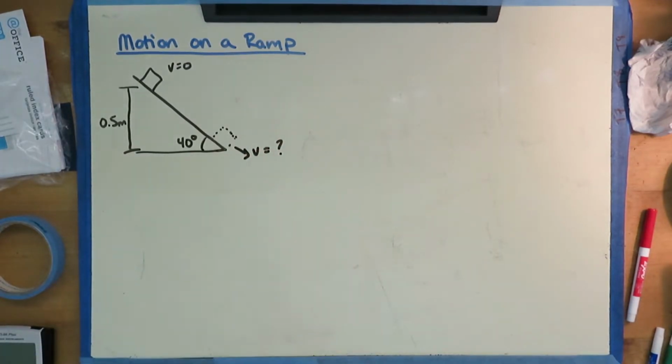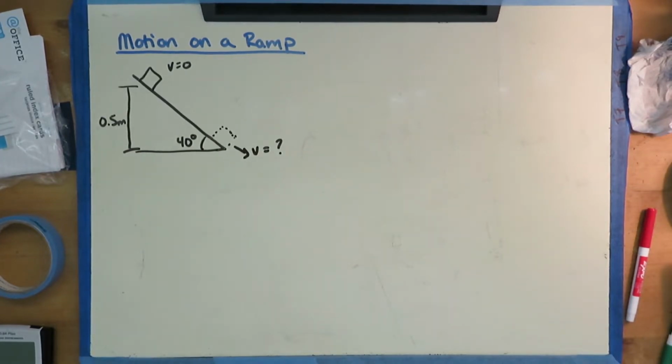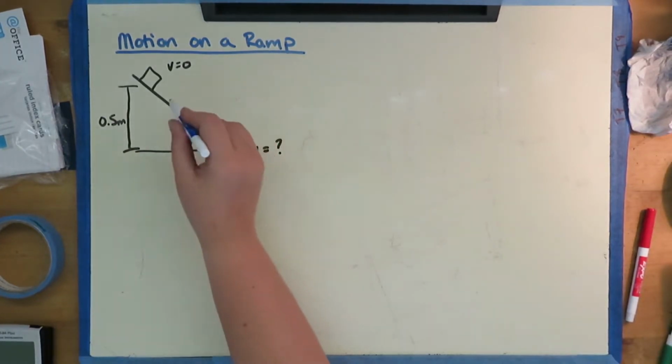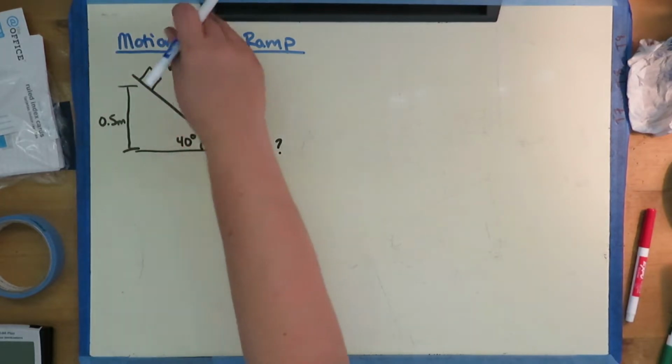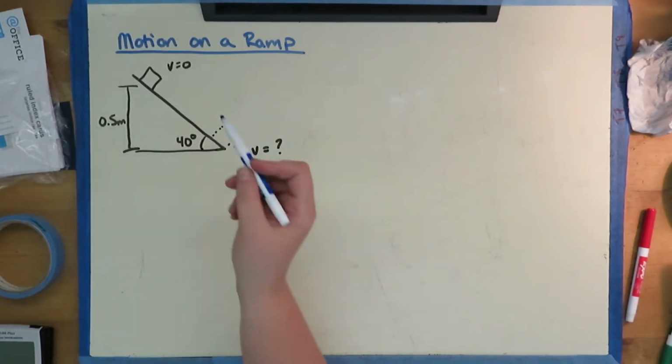So the idea with this problem is it's kinematics. So there's 2 different perspectives to take on it. You could picture that because it moves to the right and it moves downward, this is a 2-dimensional problem.